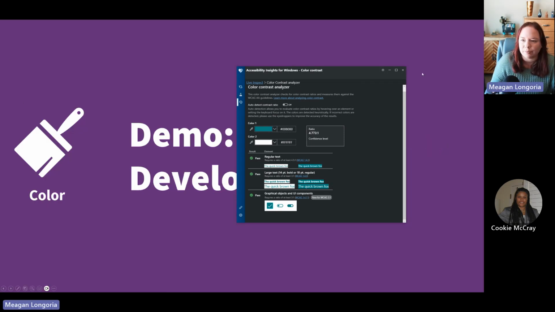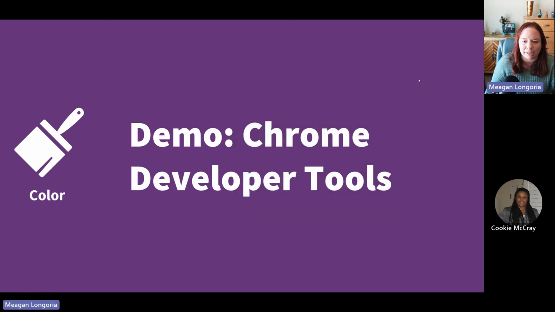So there's one other thing that's really useful here, and that is either Chrome or Edge developer tools. Firefox has something similar, but I use Chrome, so I'm going to show you Chrome.